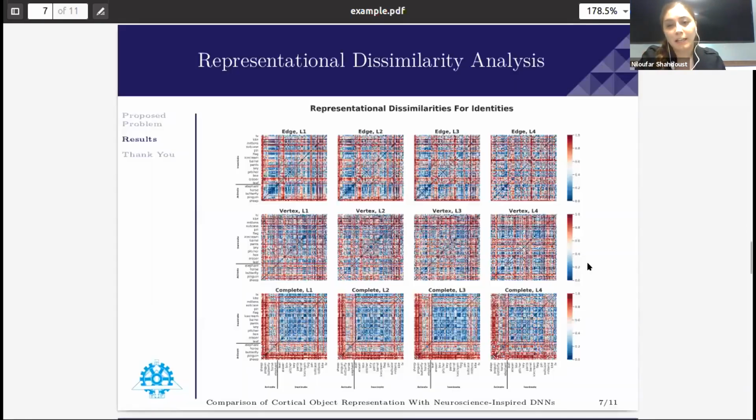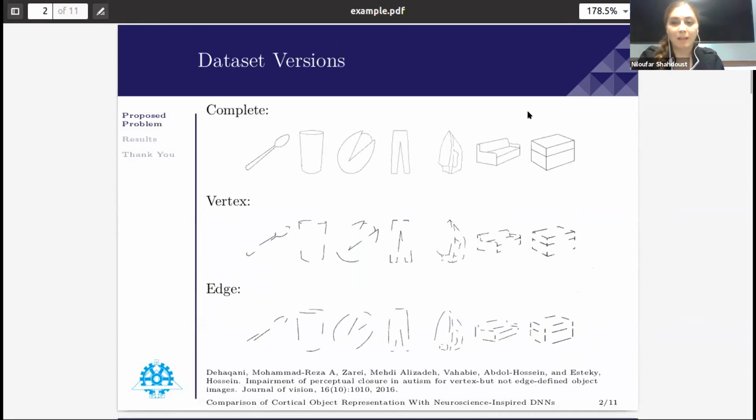For example, they haven't written that a spoon was shown to the monkey, but it was written that an image was shown to the monkey from the category of complete images or vertex images or edge images. So I can easily compare the representation of all of these 3 versions of my data set from the monkey brain with my network.